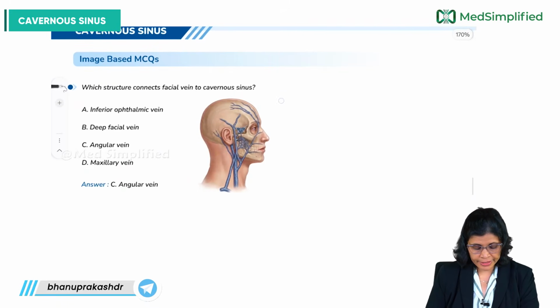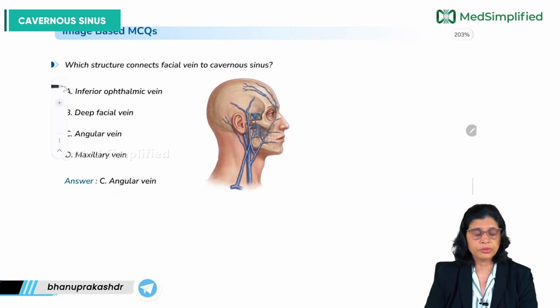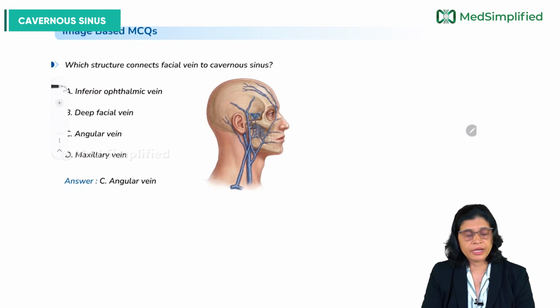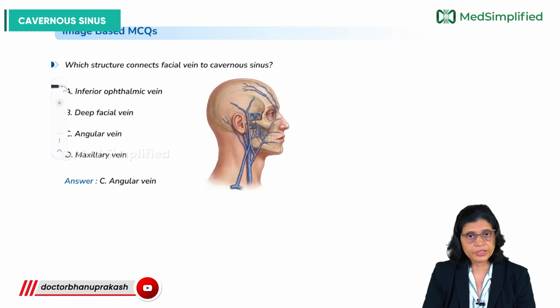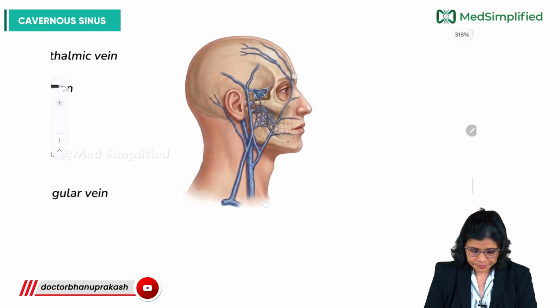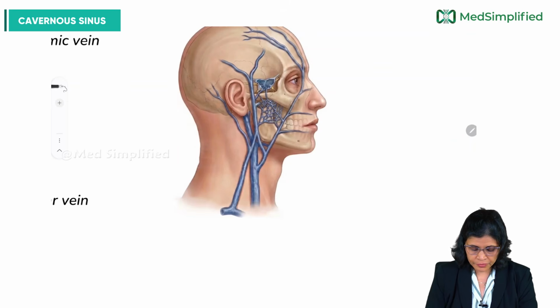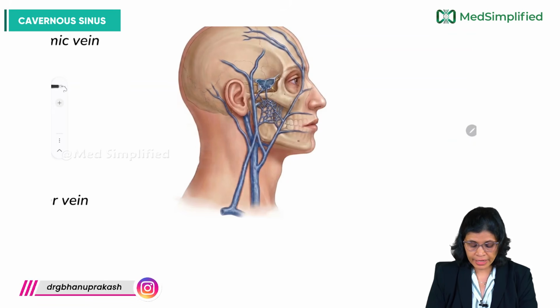Which structure connects facial vein to cavernous sinus? Now this is the facial. So you need to keep two things in mind here. Okay, so there is this facial vein as well as there is the deep facial vein. Facial vein, when we say it is out here, so you can see this is the facial vein. So this is the two divisions, the supraorbital and supratrochlear veins, which will join to form here the angular vein, and it continues as the facial vein.